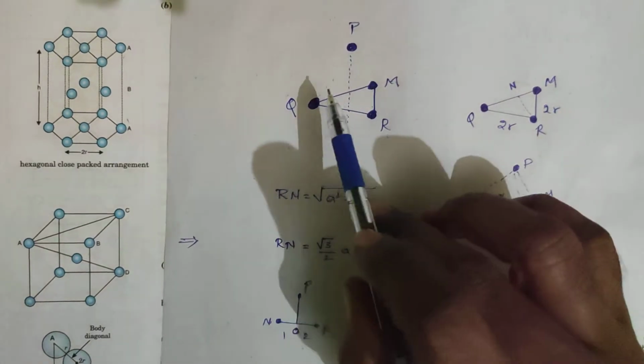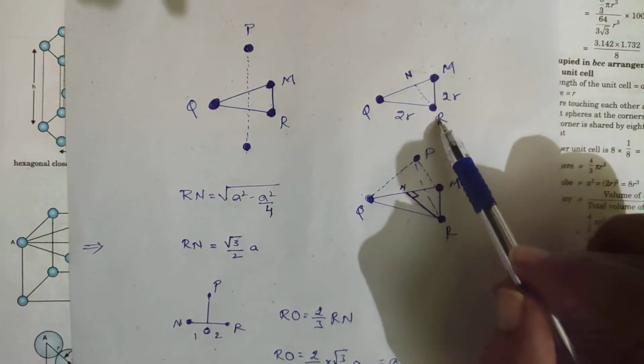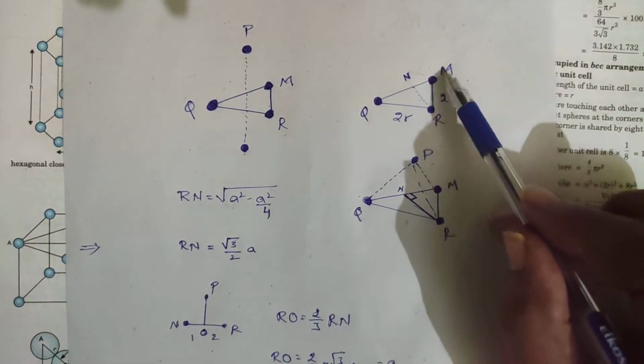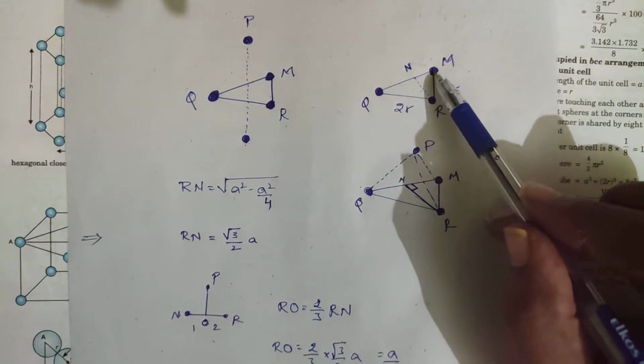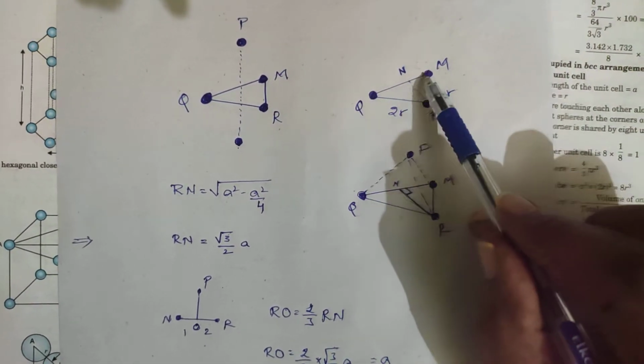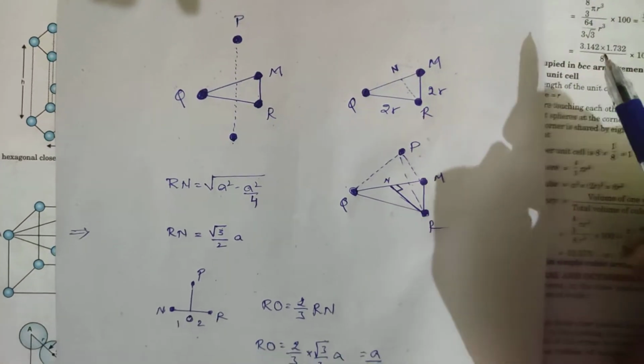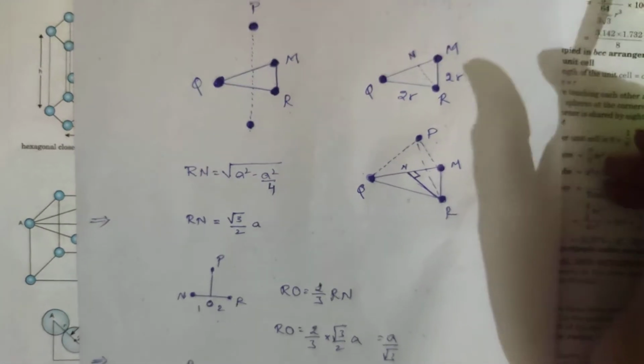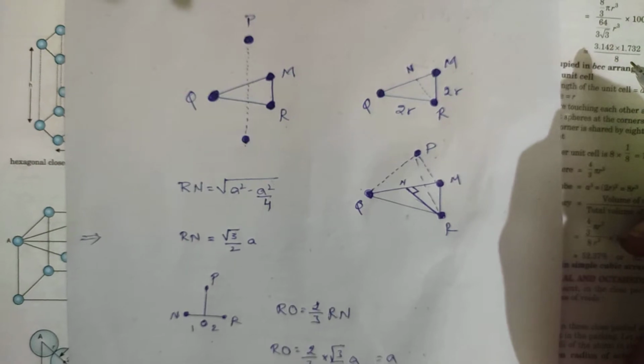If I take only this triangle QMR, this will be taken as the center of the sphere. So from here to here the distance will be 2r, here to here is 2r, and Q to M is 2r. Clear? Because the particle is always assumed to be the center of the sphere.